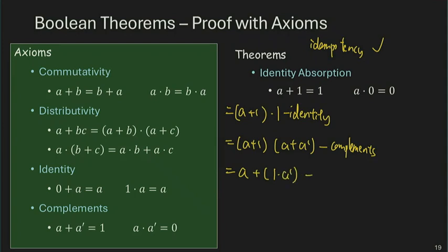This is by distributivity. 1 dot A prime by identity is just A prime. So that's A plus A prime by identity. And finally, A plus A prime by complement gives you a 1.